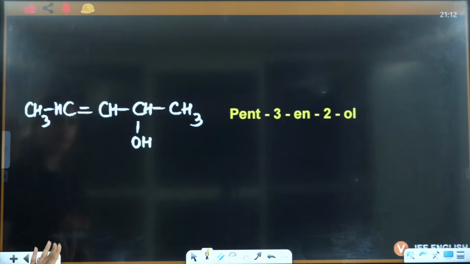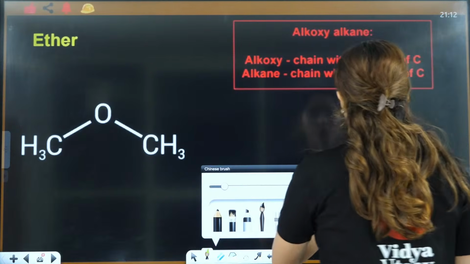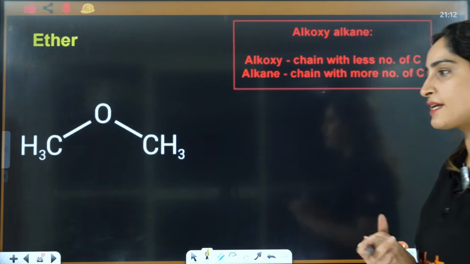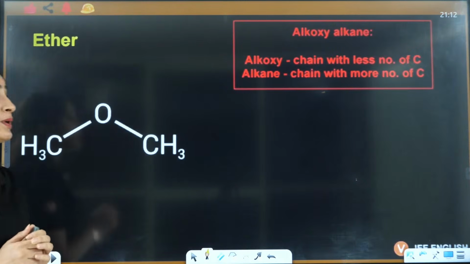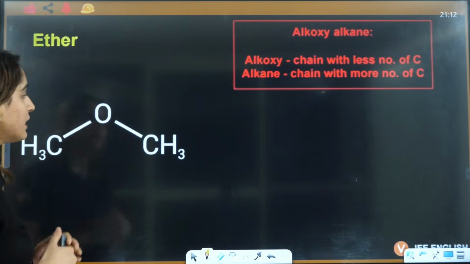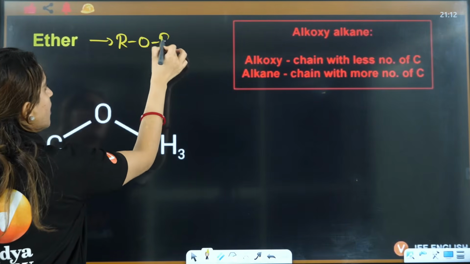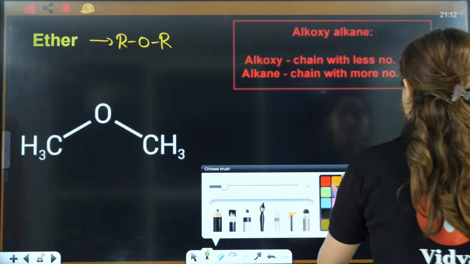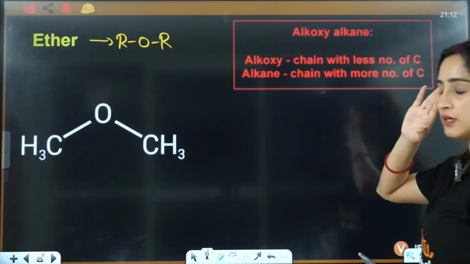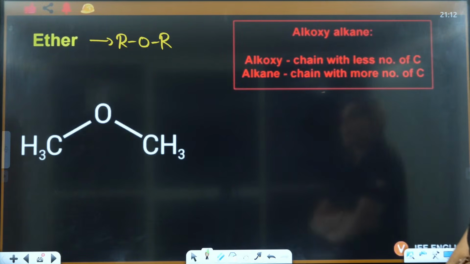Now, next, let's talk about ether. Ether means what you will have here, everyone. Ether is ROR. Now, in this case, the IUPAC naming is alkoxy alkane.